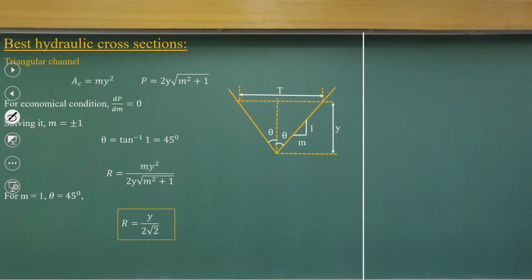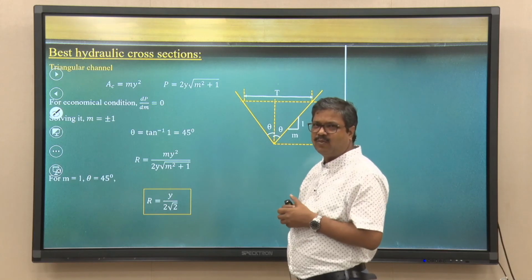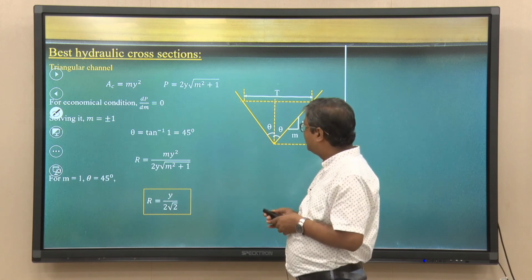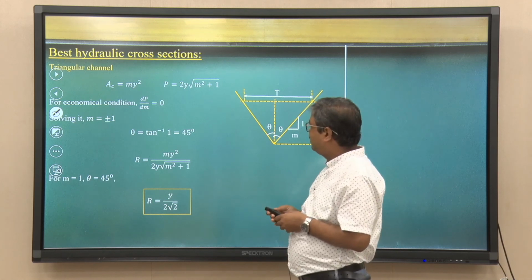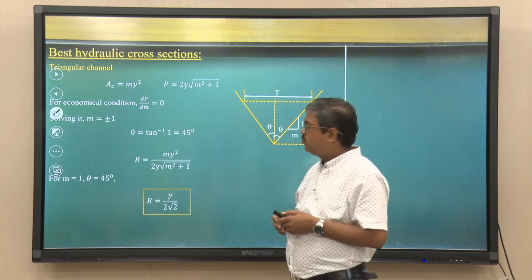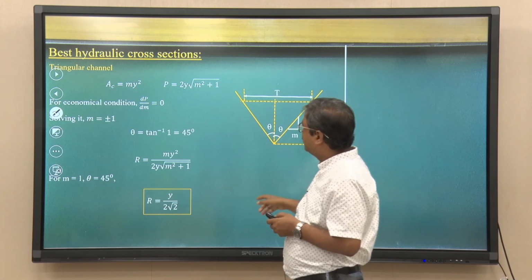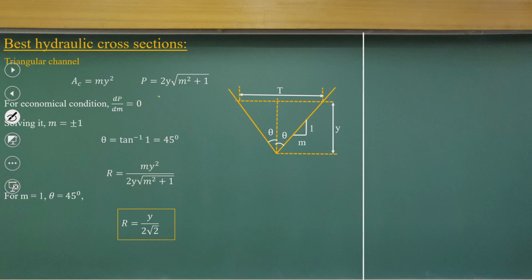Similarly, you can talk about triangular channels. In most cases where we need a low flow velocity, we need triangular channels, like urban drainage. So, we can find out the relationship between hydraulic radius and the flow depth, and if you are making it an economical channel, dp by dm. Okay. m is represented here.